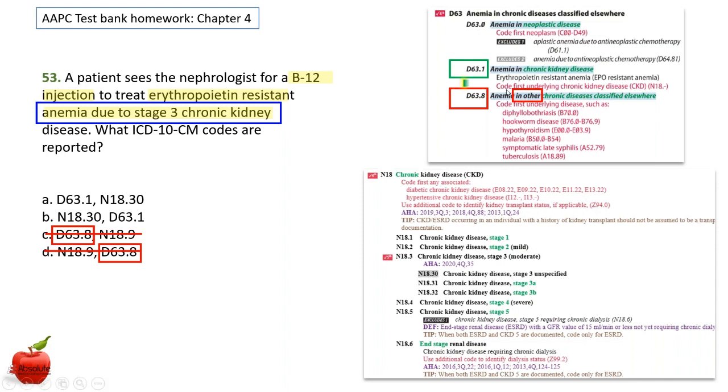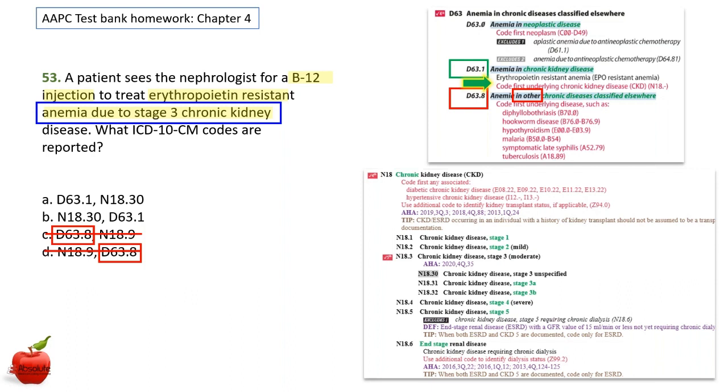If you have a close look at D63.1, the instructional guideline is asking us to code first the underlying chronic kidney disease, that is an N18 series, right? So it is asking us to code first the CKD and the stage of the CKD.